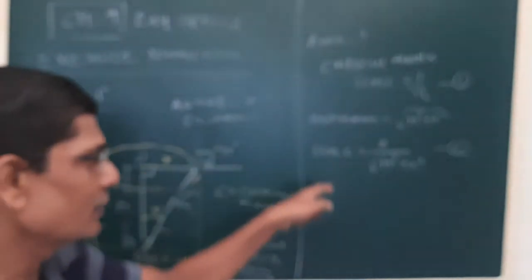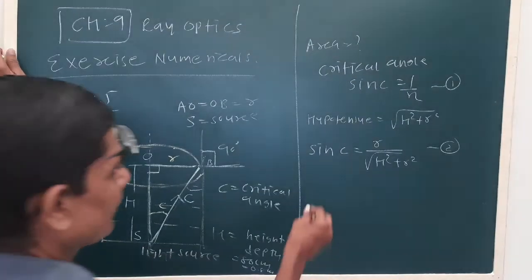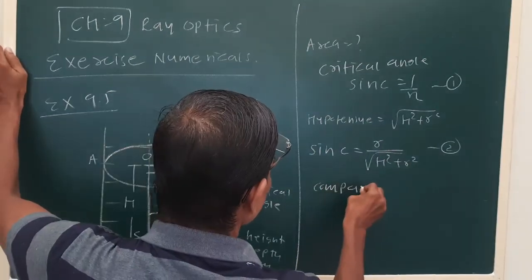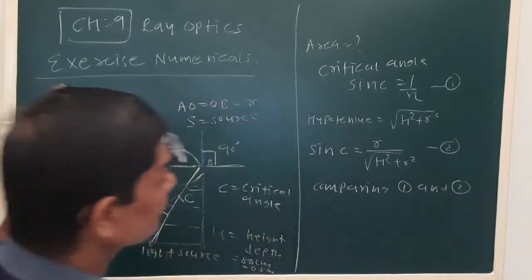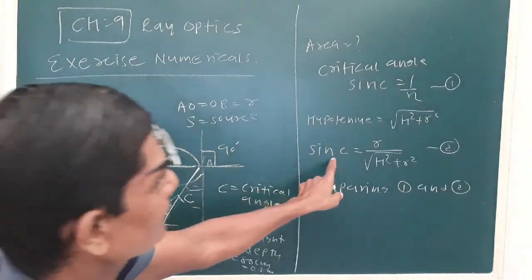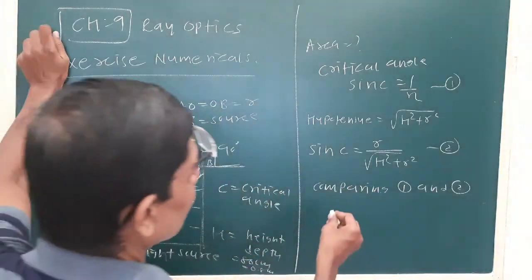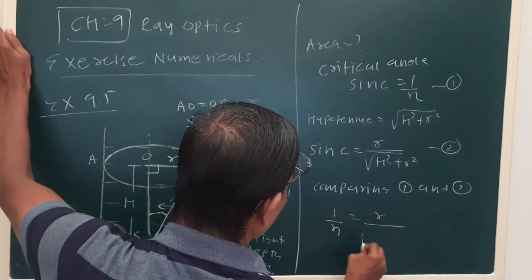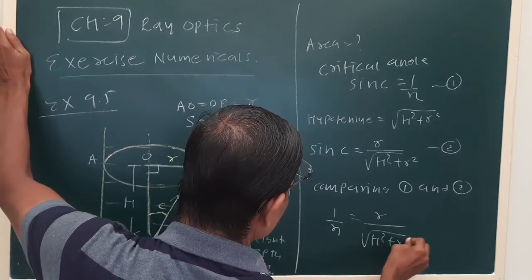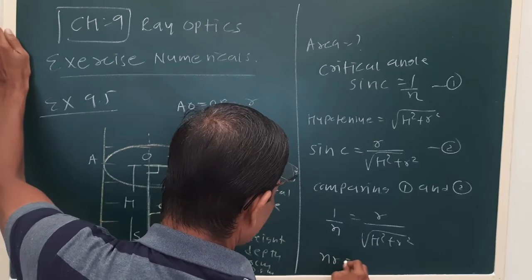Now both equation 1 and 2 represent the critical angle sin C, or the condition of total internal reflection. So if I compare 1 and 2, here sin C is 1 by n, here sin C is r upon under root h square plus r square. So 1 upon n is equal to r upon under root h square plus r square.